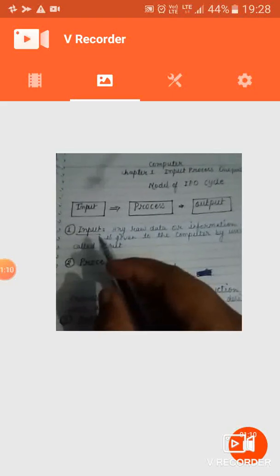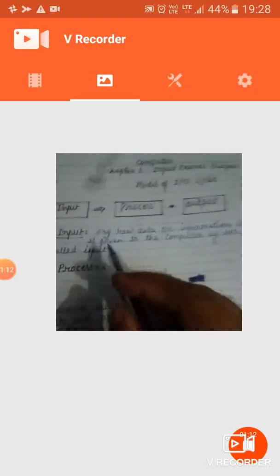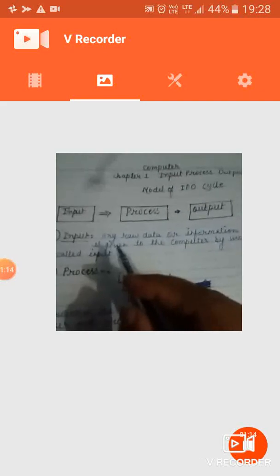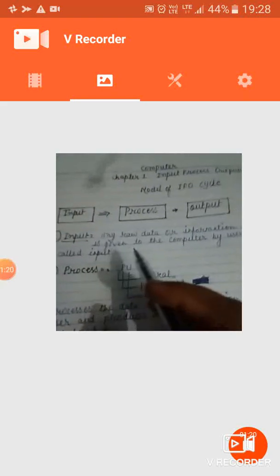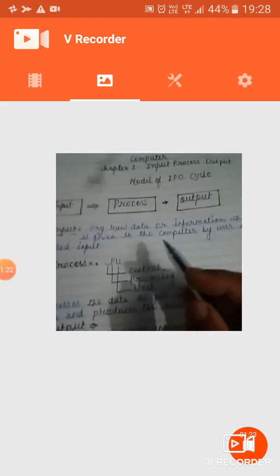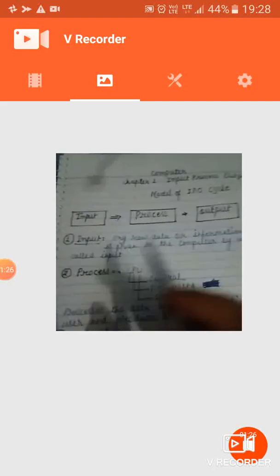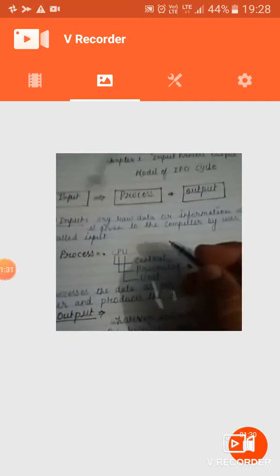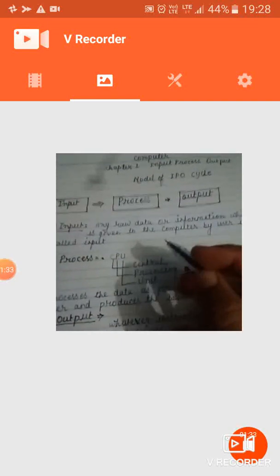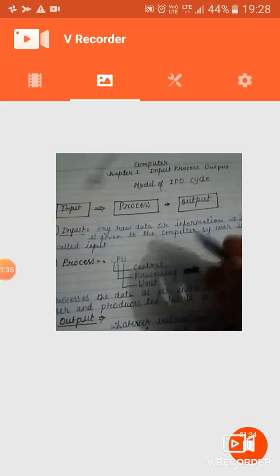First is input. Any raw data or information which is given to the computer by the user is called input. What is input? Any raw data or information.